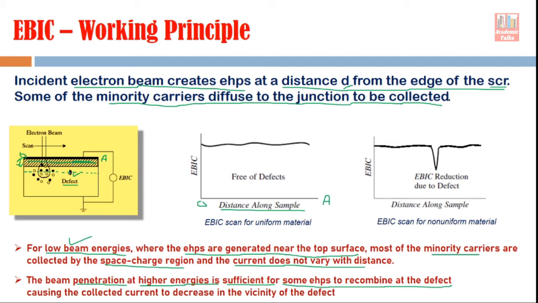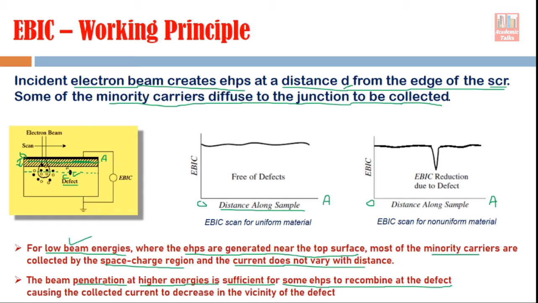Now suppose I mark this location of the defect as C. At O it is almost the same current, and up to this point it is the same current. This is the A portion, and this is O, the starting point and end point.